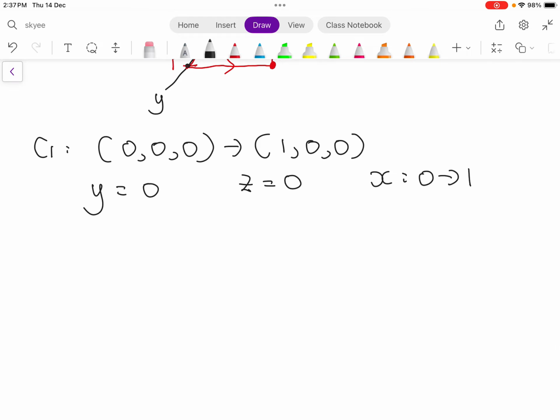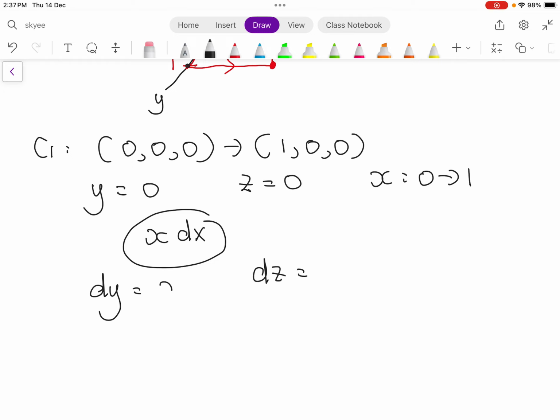I decided to convert it all to x dx, which means that I need to find what dy and dz are. For this case, both of them are 0.